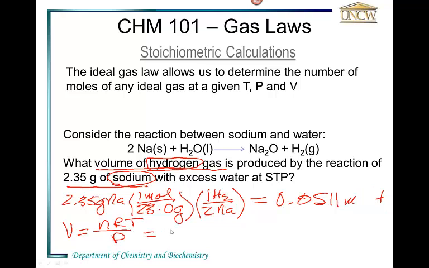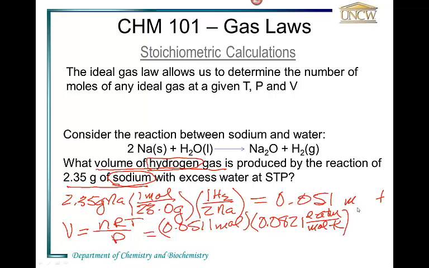Well, we know the moles, 0.0511 moles. We know R, it's 0.0821 liter atmospheres per mole degree. We know the temperature. Standard temperature is 273 Kelvin. And we know the pressure, 1 atmosphere.